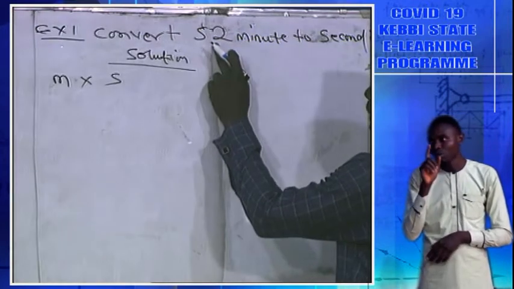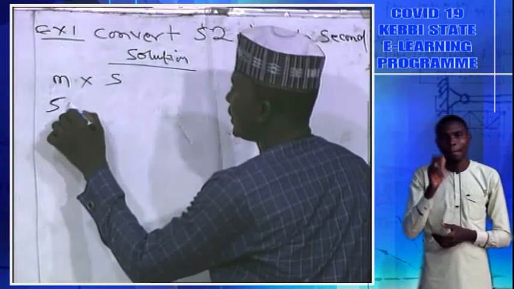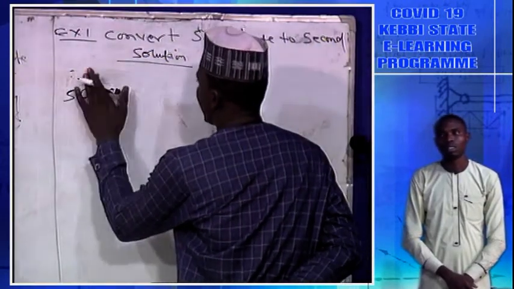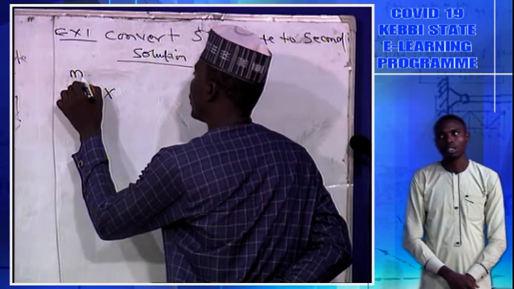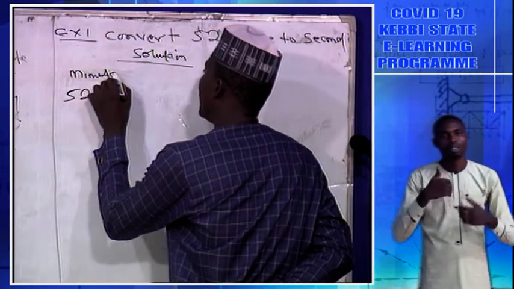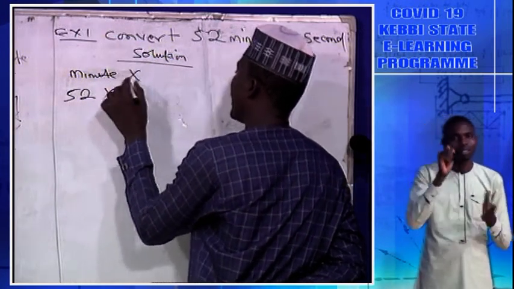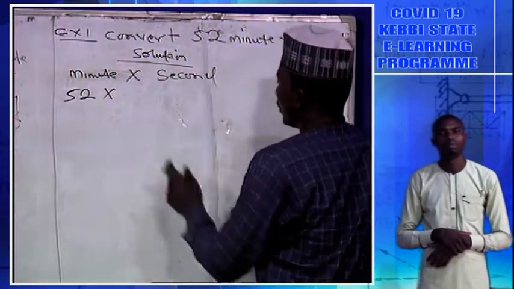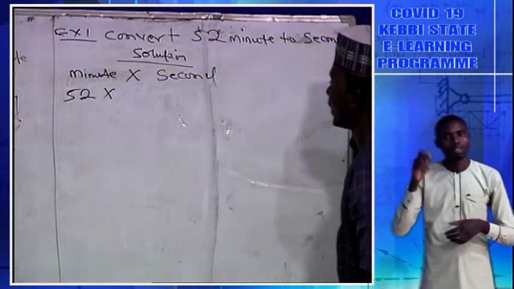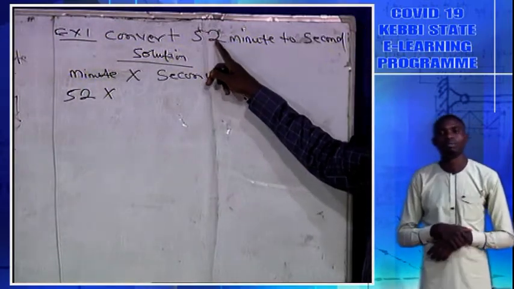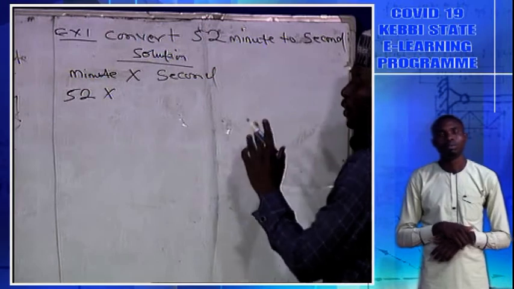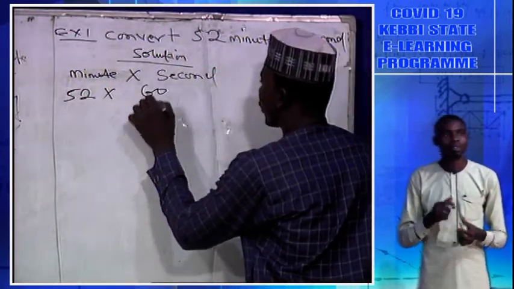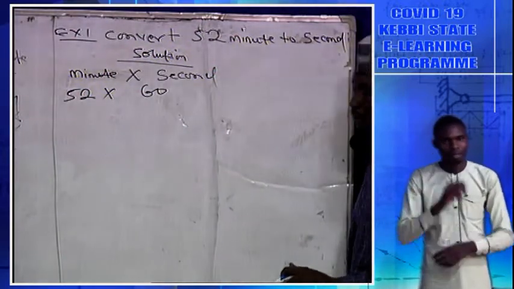What is the value of our minute? 52 multiplied by, okay, let me write it in a full form. Minute multiplied by second. What is the value of our minute given in the question? Is 52 minutes. Then, as we all know that 60 seconds will make 1 minute. So we are going to use multiply by 60.